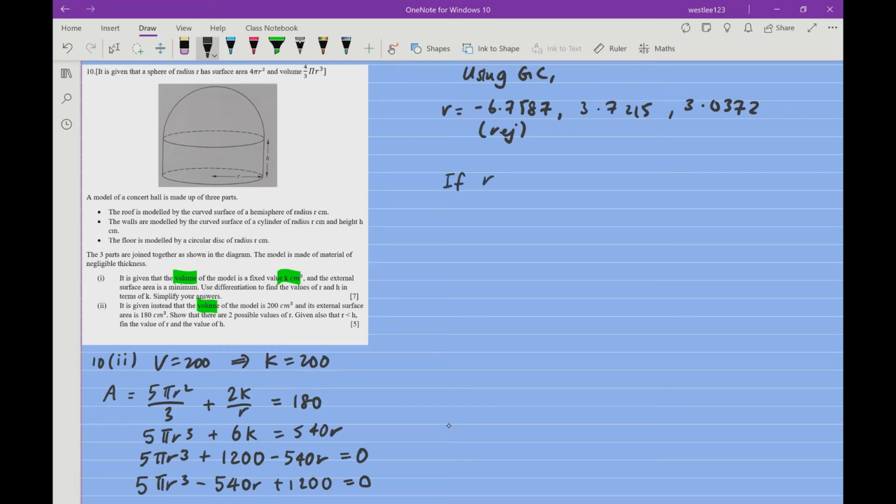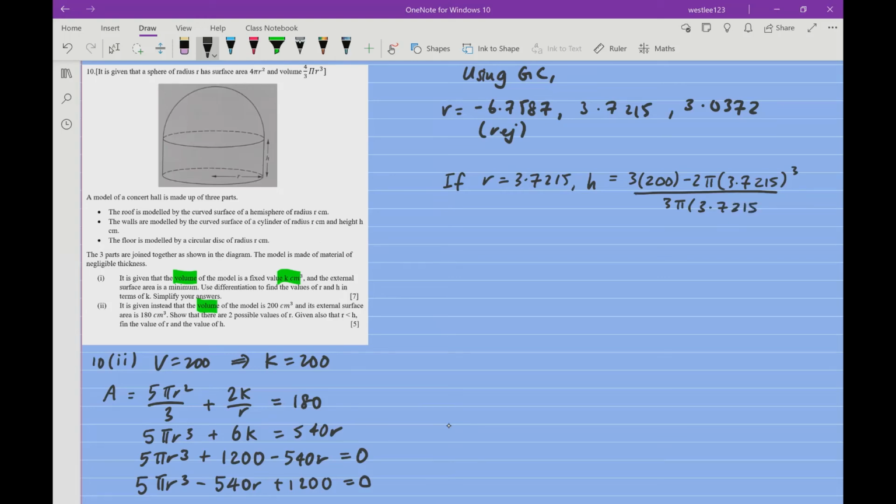So if r equals 3.7215, my h value is actually 3 times 200, because k is 200, minus 2 pi r cubed, over 3 pi r squared. This h expression, you can see in your earlier working in part 1.